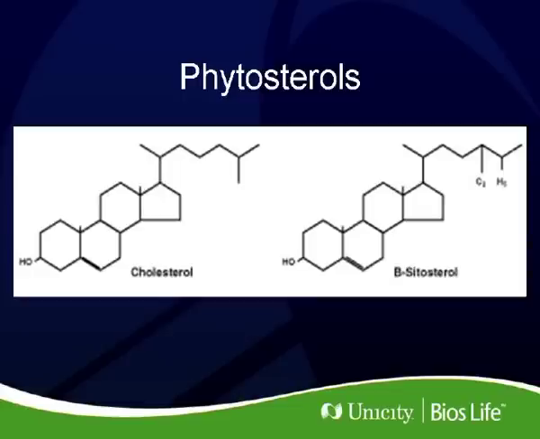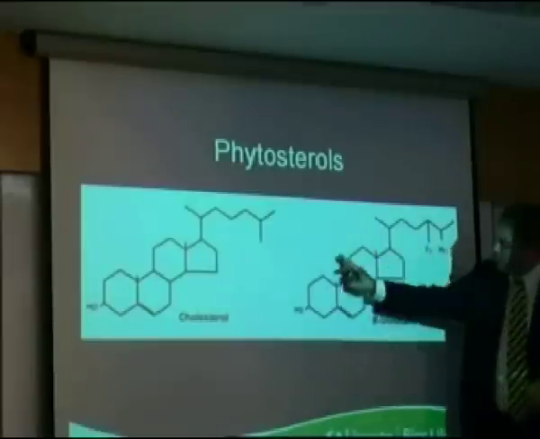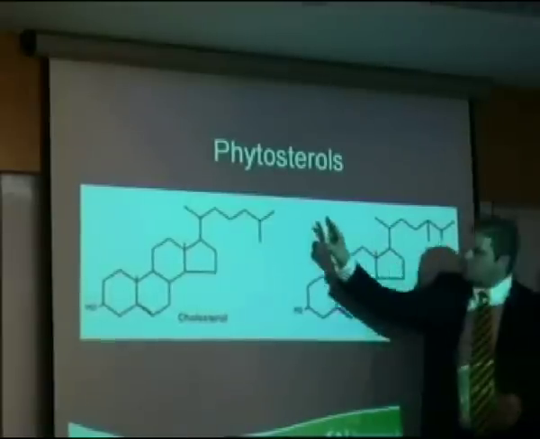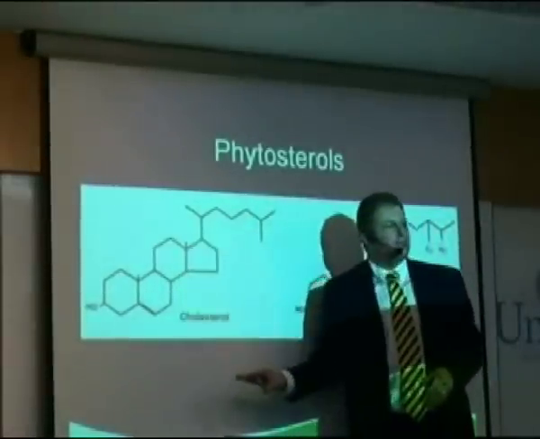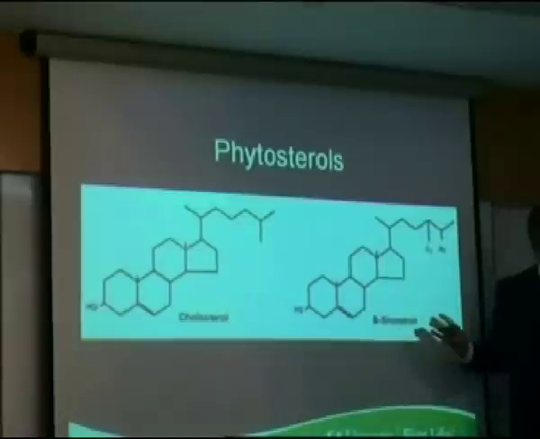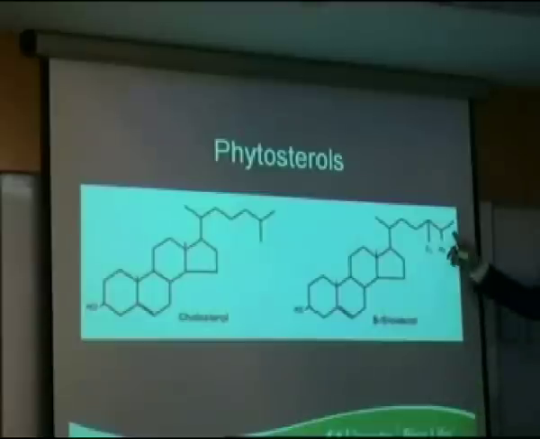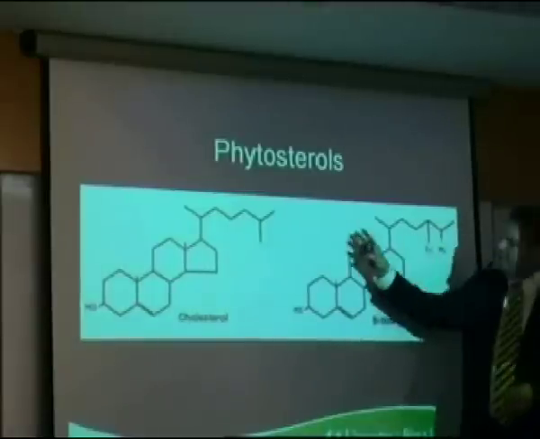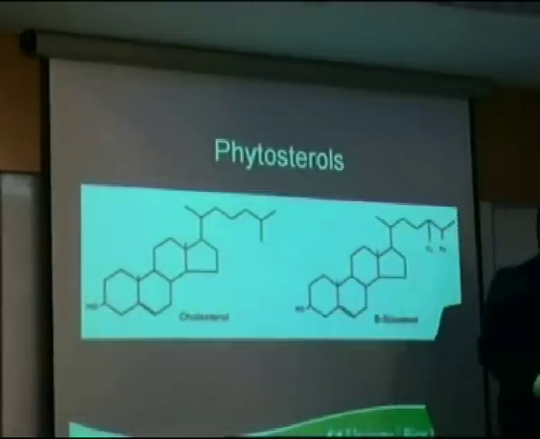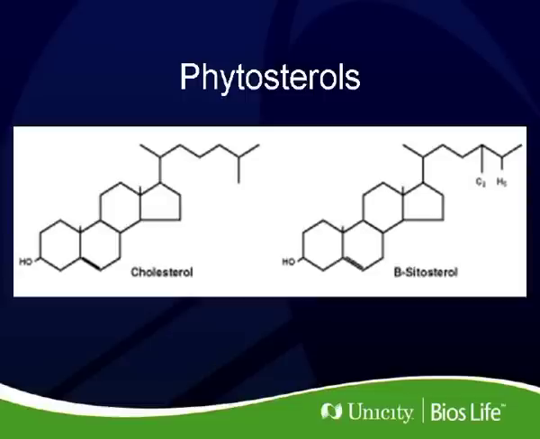Now, if you're not an organic chemist, and most of you probably are not, maybe some of you are, you see the structure of phytosterol here, you see the structure of cholesterol here. And you see the difference. The difference is very small, but it's there. The difference is here, a little difference, but the rest is all the same. And that's the key to the mechanism of phytosterols. Our body also thinks they almost look the same.